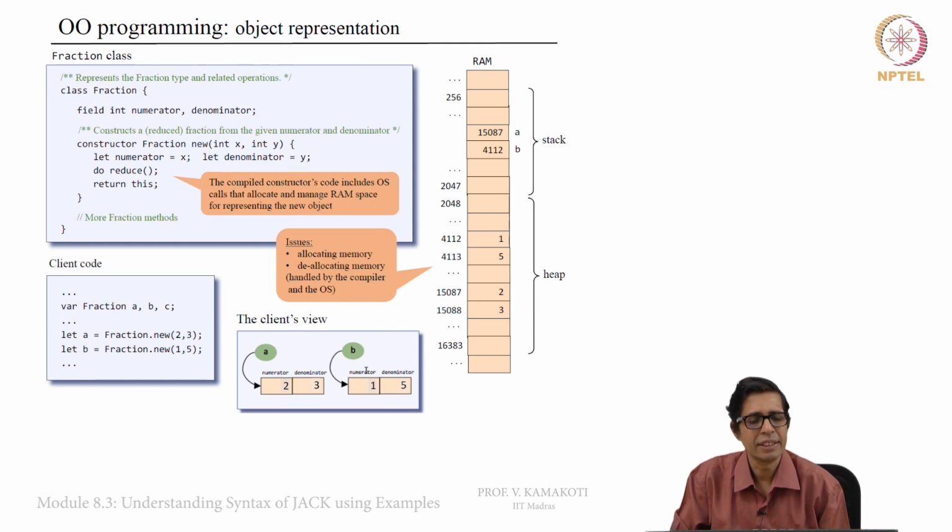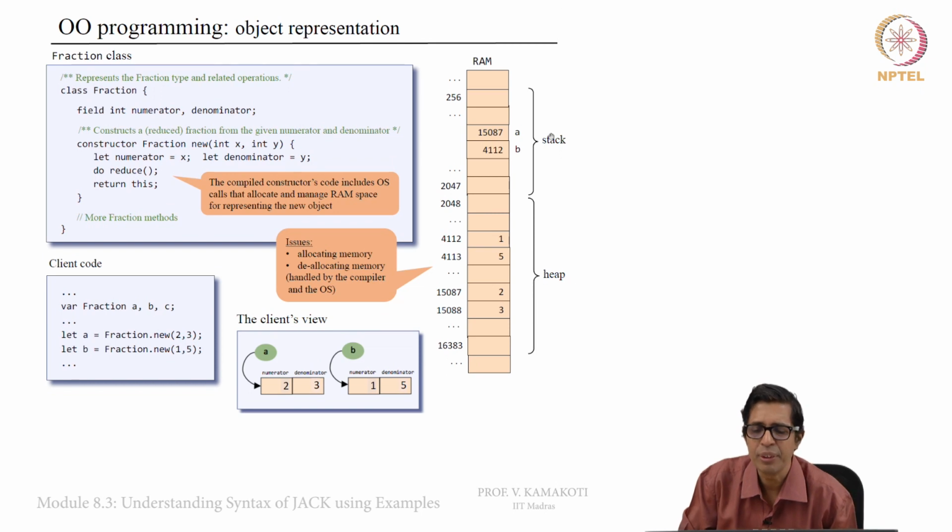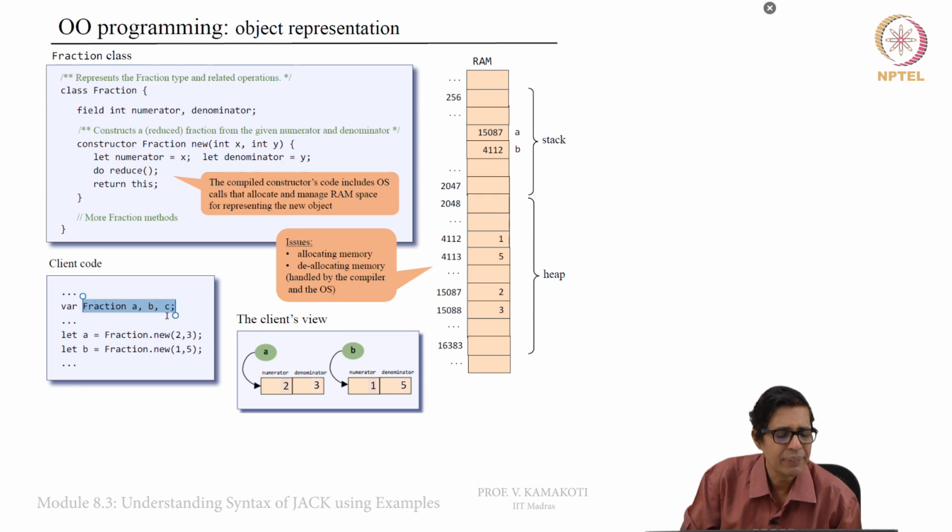Right. There are two views, there is a client's view and there is a system view. This is something that we need to understand very quickly and very nicely. So when the client code is executing, they have declared three variables, namely a, b, c as Fraction.